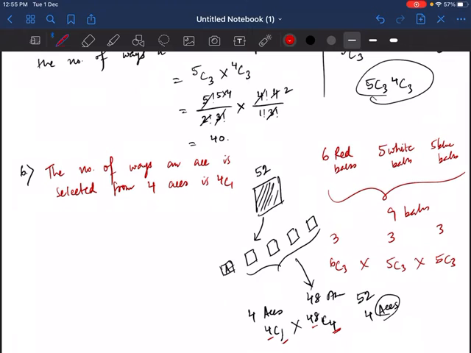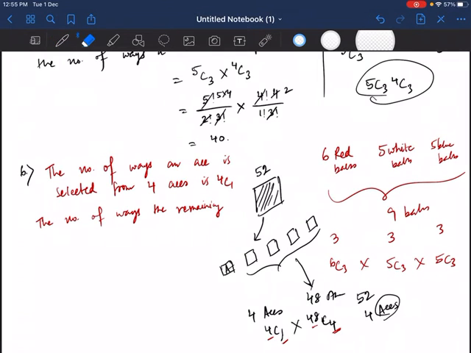Then the number of ways the remaining 4 cards can be selected: we have to draw 5 cards, and we have already drawn 1 card, that is an ace.